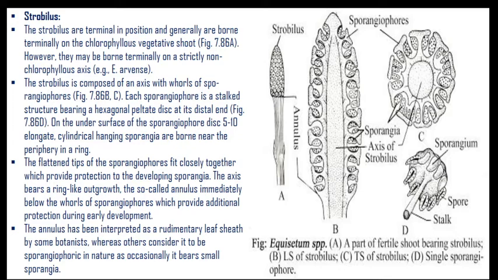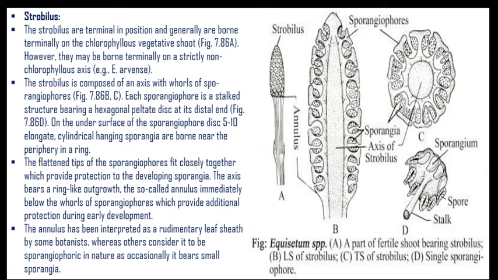The flattened tips of the sporangiophores fit closely together, which provides protection to the developing sporangia. The axis bears a ring-like outgrowth, the so-called annulus, immediately below the whorls of sporangiophores, which provides additional protection during early development.